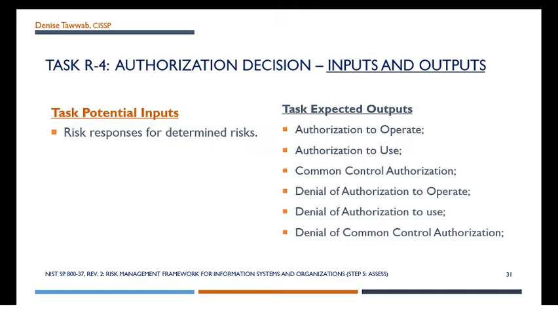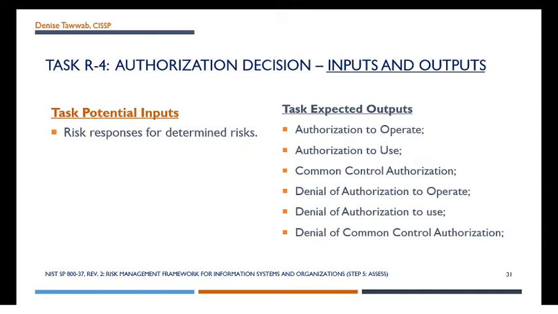Inputs to the authorization decision include risk responses for determined risk. The expected outputs from this task would be the authorization to operate, the authorization to use, a common control authorization, a denial of authorization to operate, a denial of authorization to use, or a denial of common control authorization.